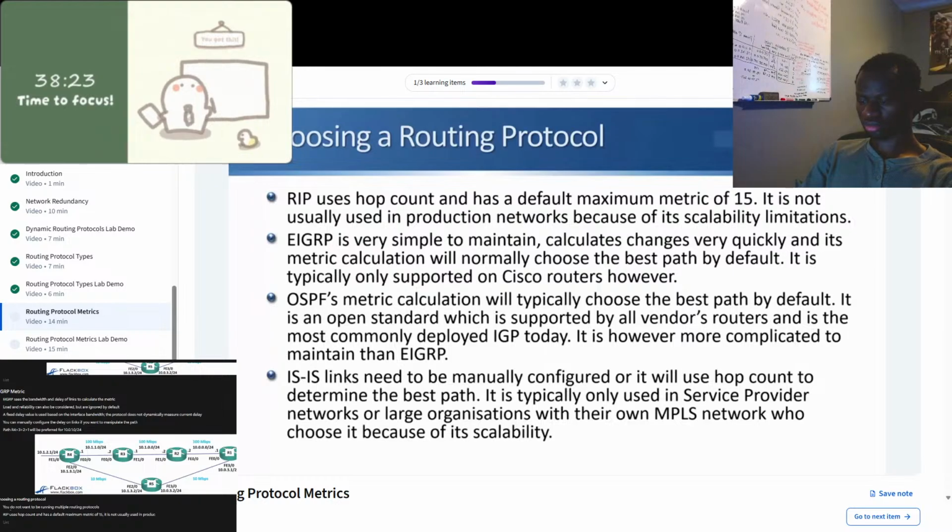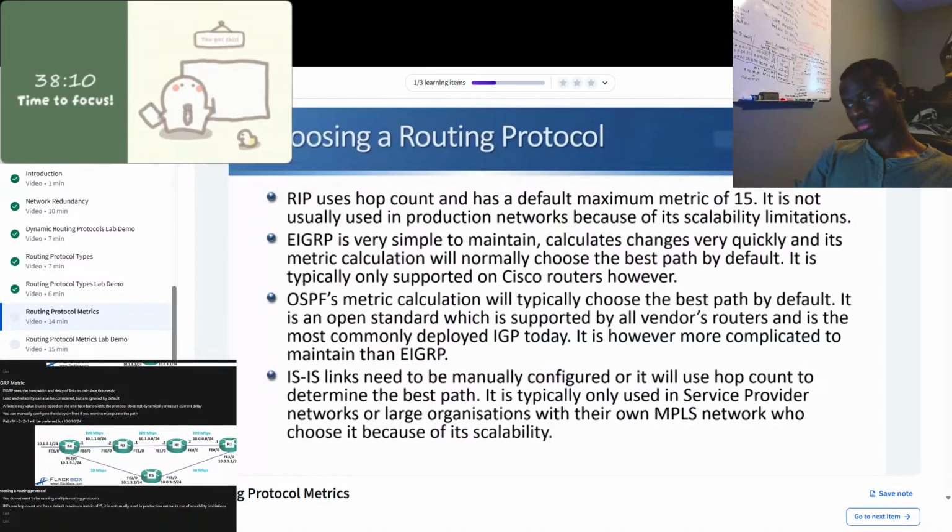Comparing them, RIP uses hop count and has a default maximum metric of 15, so it's not usually used in production networks because of its scalability limitations. EIGRP is very simple to maintain.